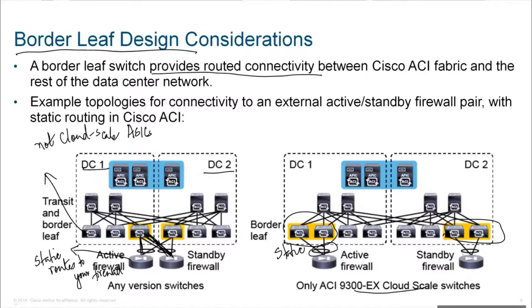So you can see clearly that this is only possible with cloud scale. This is possible with any version, but I would say this was probably not flexible in design. So this is probably an older approach, the one on the left, and the newer approach would be the one on the right.